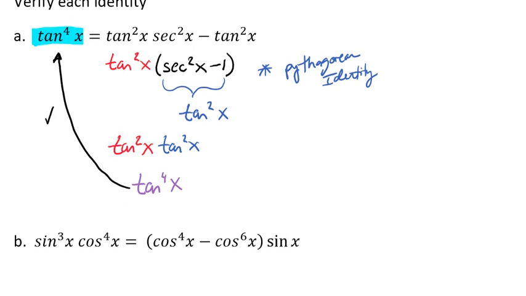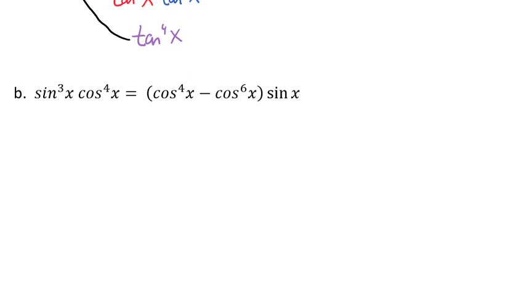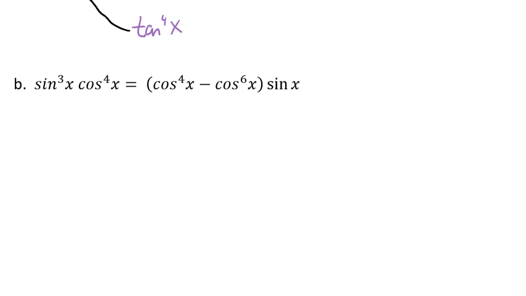Let's try another problem. Here we have the sine to the third power of x times the cosine to the fourth power of x equals the cosine to the fourth power of x minus the cosine to the sixth power of x times the sine of x. Again, our right side is a little bit more complicated than our left side, so we're going to manipulate our right side to get our left side.